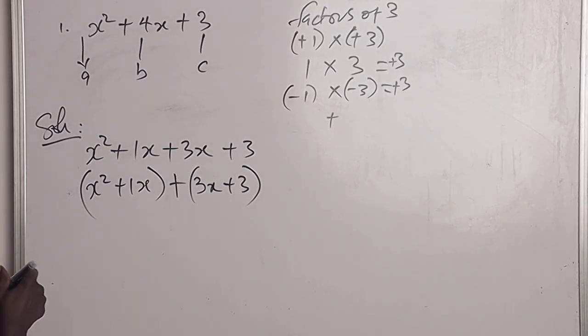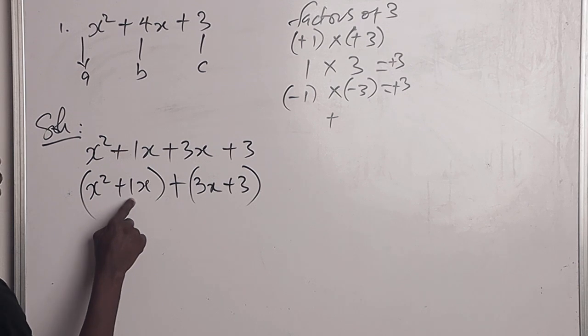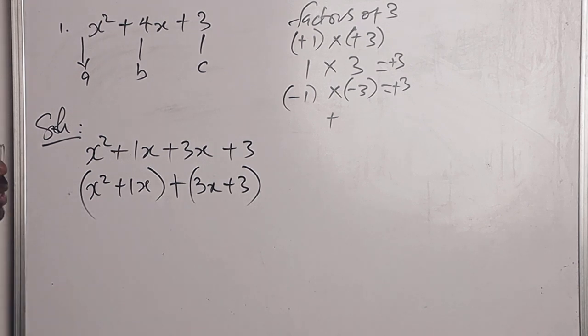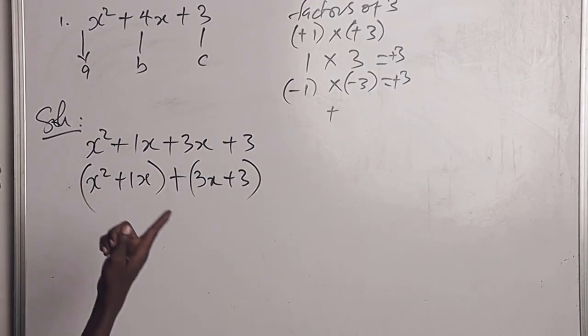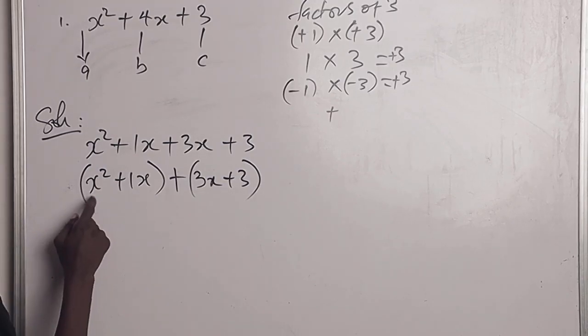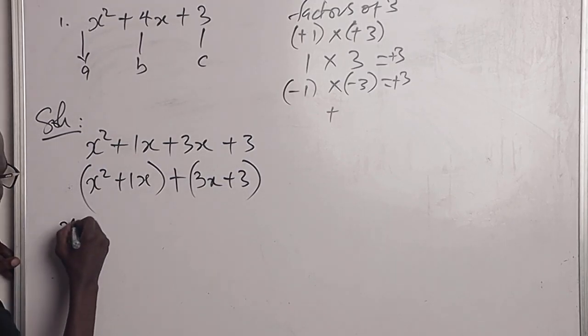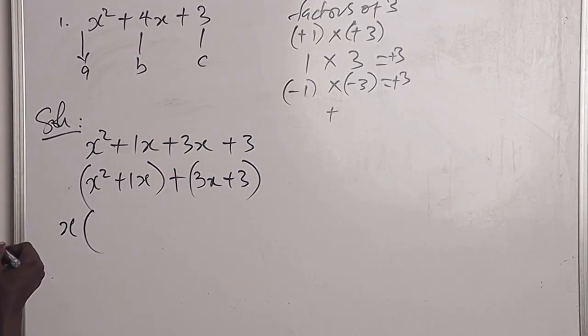Remember I told you that normally I'm not supposed to write 1x because 1x is the same thing as x. Now, because the coefficient of this x is not equal to 0, it must be equal to 1. Now, I have x here. Let me bring out one of the x outside here, outside the bracket.